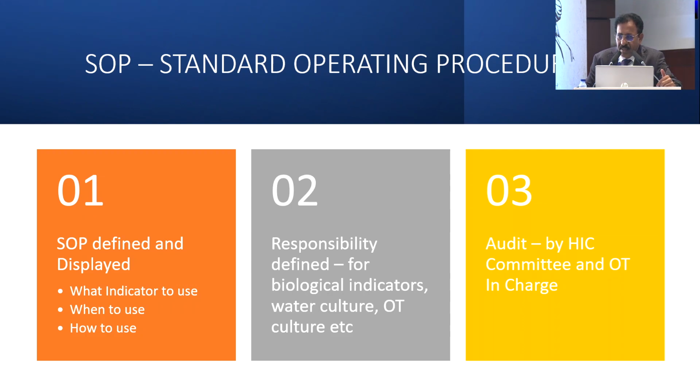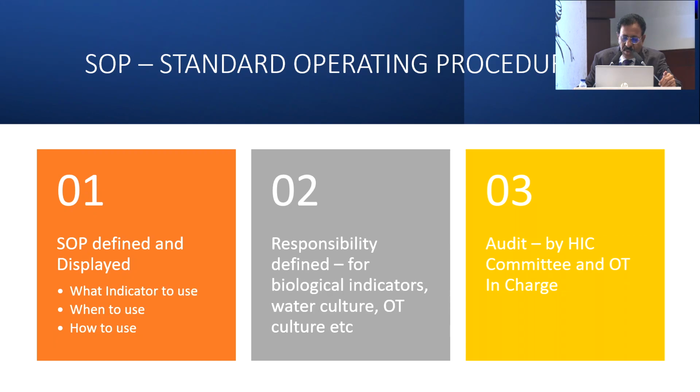There are also certain HIC standards, for hospital infection control, that have to be followed. The SOP has to state what indicators are used in the hospital, when to use them and how to use them. This not only has to be part of the training, but also be in the policy, and this aspect has to be documented and audited.